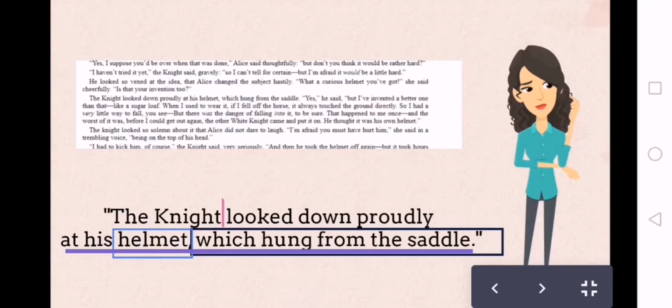In this case, it is a relative pronoun, whose antecedent is "helmet." We also know that it is a defining clause because it is telling us essential information. It could be any helmet, but it is saying that it is the one which hung from the saddle.